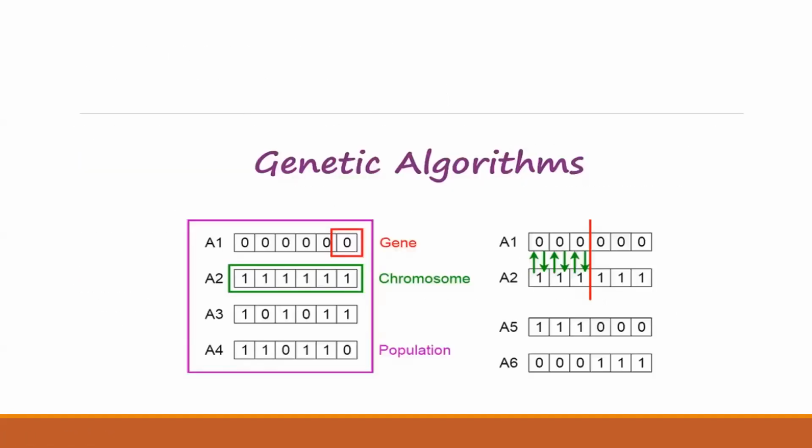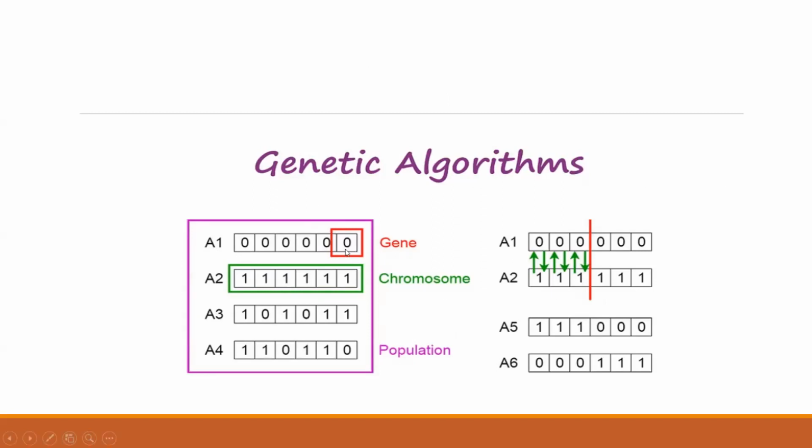Now, these are some of the concepts which are used in genetic algorithm. So we have A1, A2, A3, A4. This purple box denotes the population, for which we are creating the next generation or the offspring. Every individual is denoted by binary values, a combination of 0 and 1.